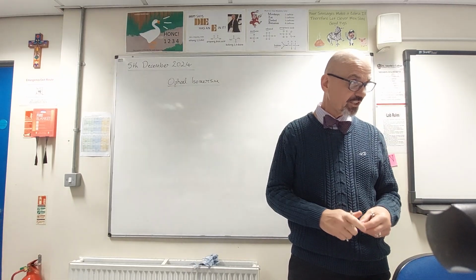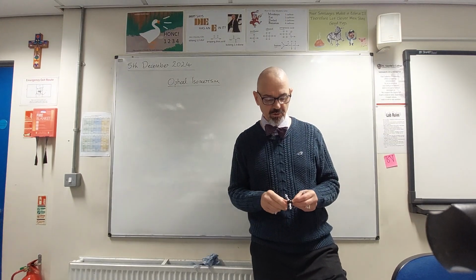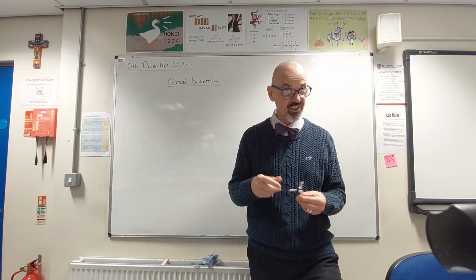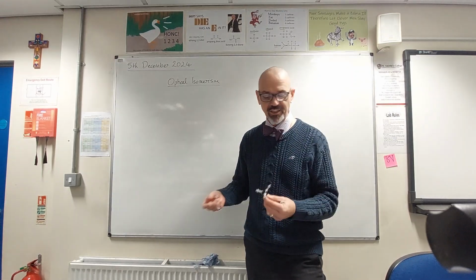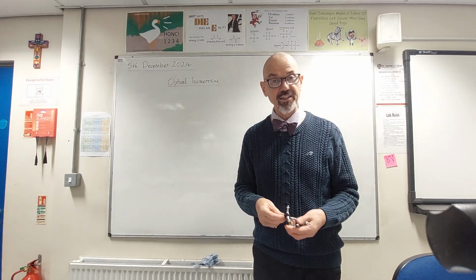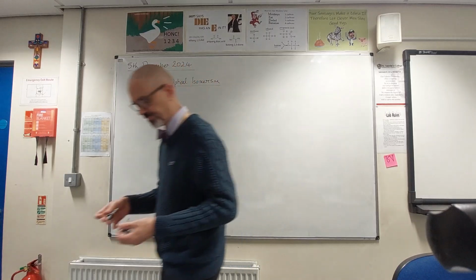Okay, so the first little job, I'm going to give you a carbon atom with 4 bonds attached, and some things to attach to those carbons, and then we're going to see what we've got.